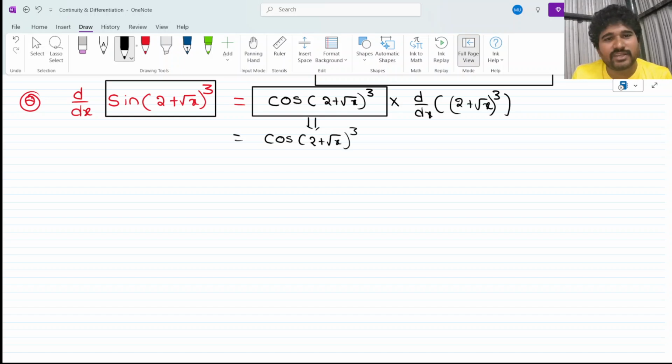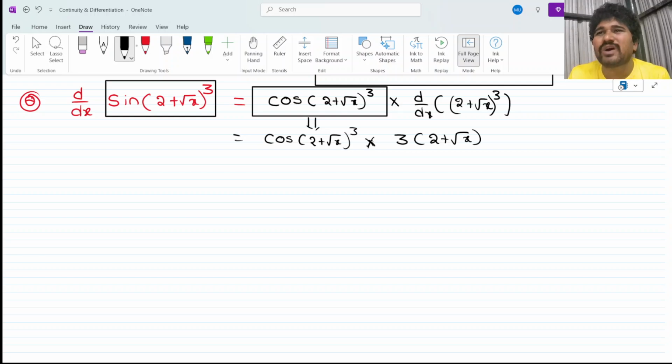Understand? Into. Now tell me, differentiation of something is there. What is there? Differentiation of what I have to do now? Tell me the answer. 3 into 2 plus root x. Why did you feel 3 into 2 plus root x?